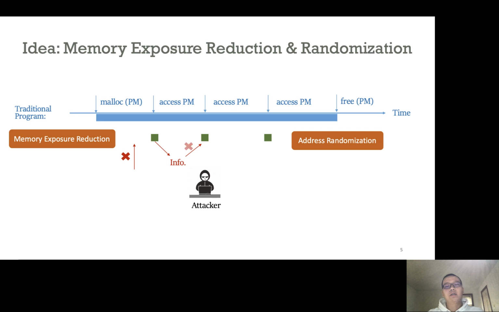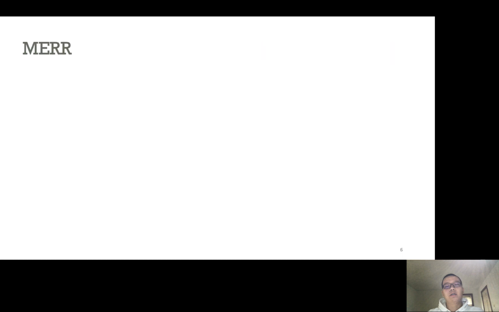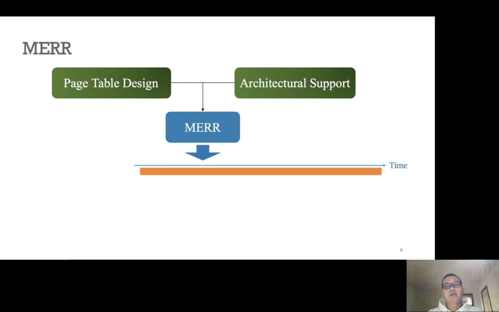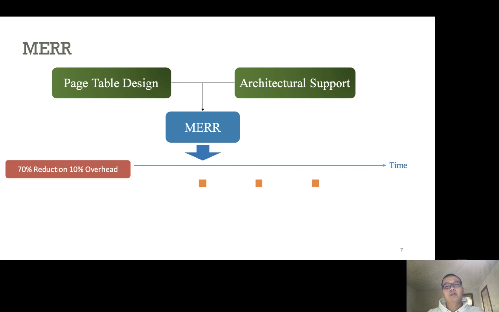To efficiently support this idea, we designed MERR, including a simple but efficient page table design and a novel architecture support. Combining these two designs, it can overall reduce the memory exposure rate by 70% with 10% overhead.